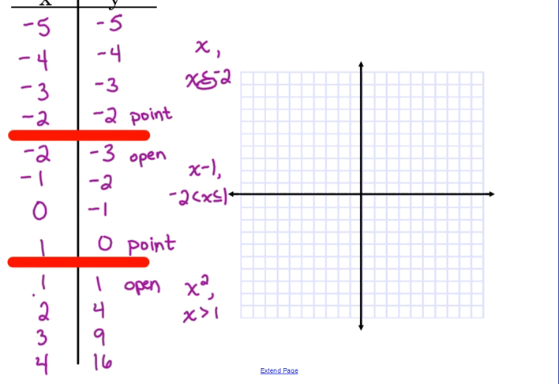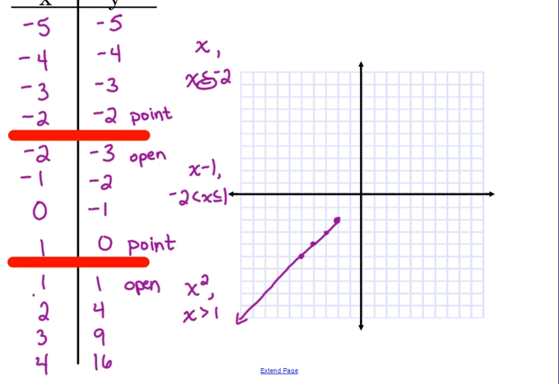Okay, so let's plot that first piece. Negative 5, negative 5, negative 4, negative 4, negative 3, negative 3, negative 2, negative 2. We get a point, and that's where we stop with this piece. Okay, middle piece.